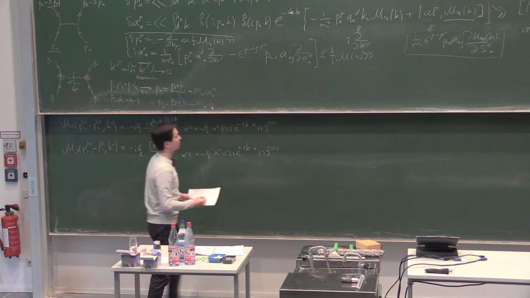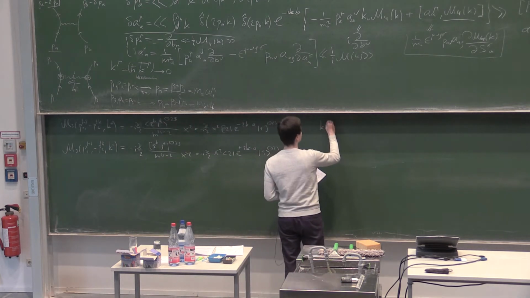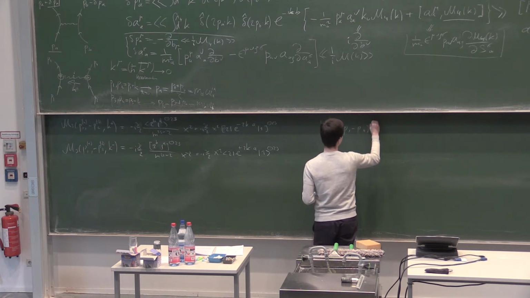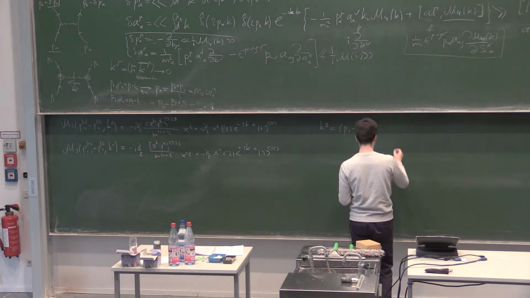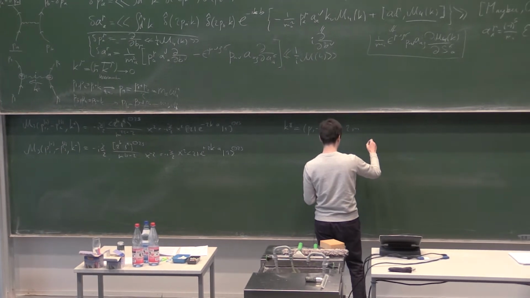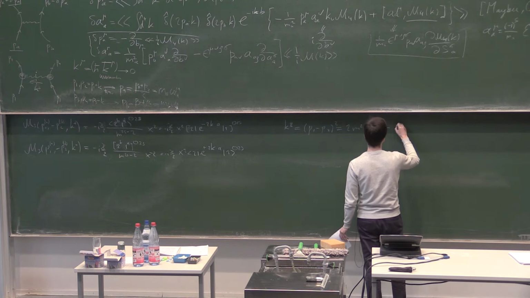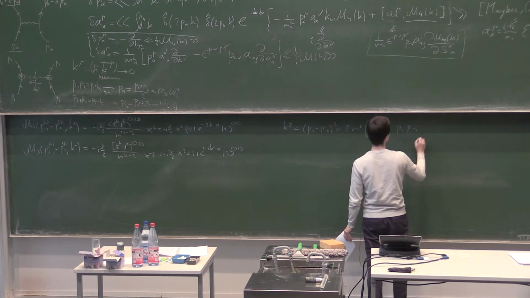So yeah, by the way, k squared is just p1 minus p2 squared. You can see that it's smaller than 0. Say in the rest frame, you can write it as this minus p1, p2.